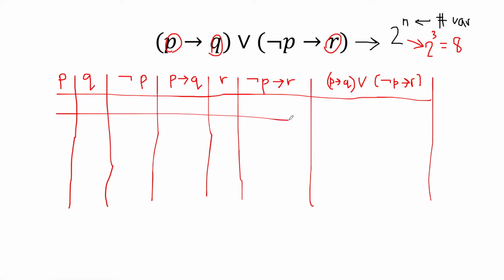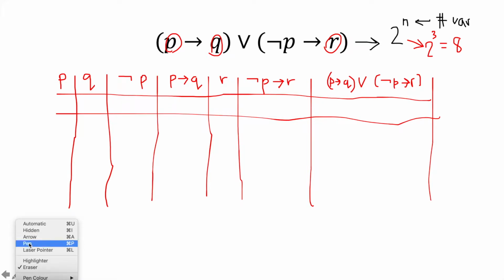So the first row, we have 0, 0. You have to construct this first. So you have P 0, Q 0, and R 0.